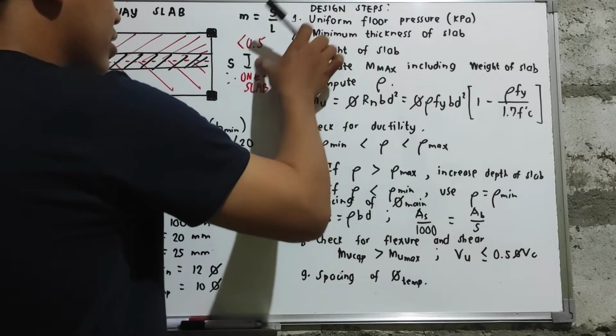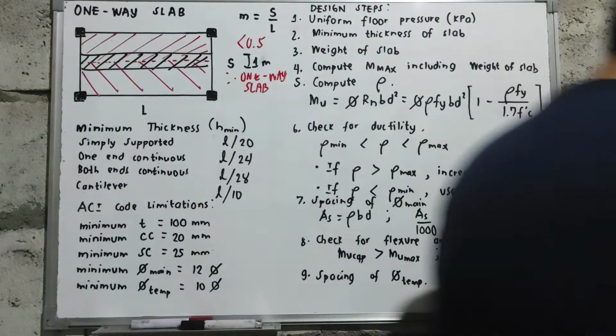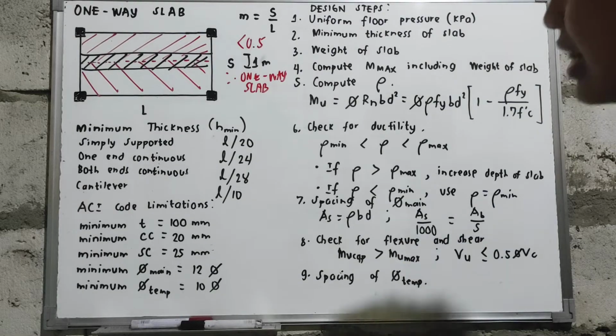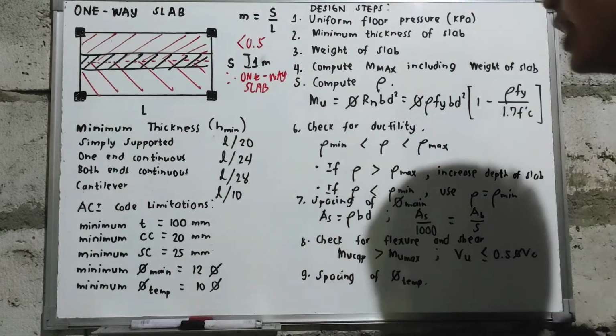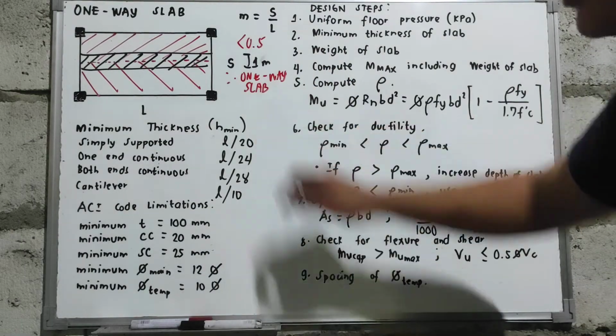So this is 1 meter strip. So upon considering 1 meter strip, masolve na natin yung other criteria nung one-way slab natin. And with that, para malaman naman natin yung thickness nung slab natin, kung gaano siya kakapal, meron tayo ditong mga minimum values.